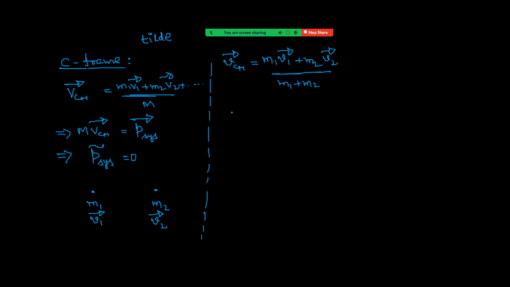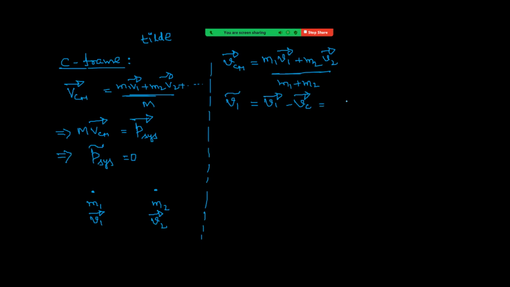Let us calculate the velocity of the first particle in the center of mass frame. It is V1 tilde, notation is tilde. Its meaning is velocity of the first particle in the center of mass frame, meaning V1 bar minus VCM bar.